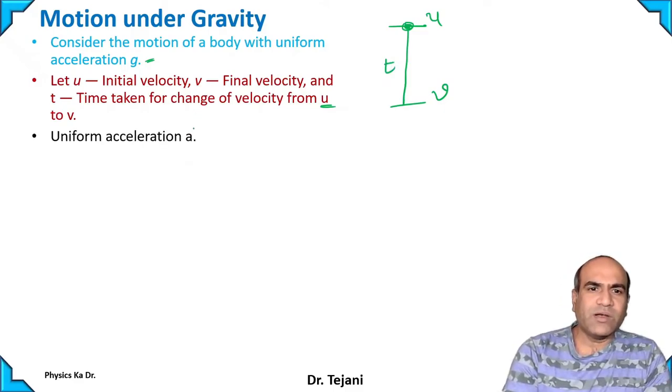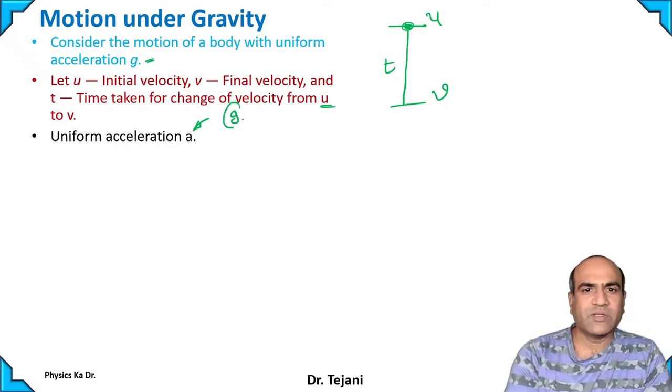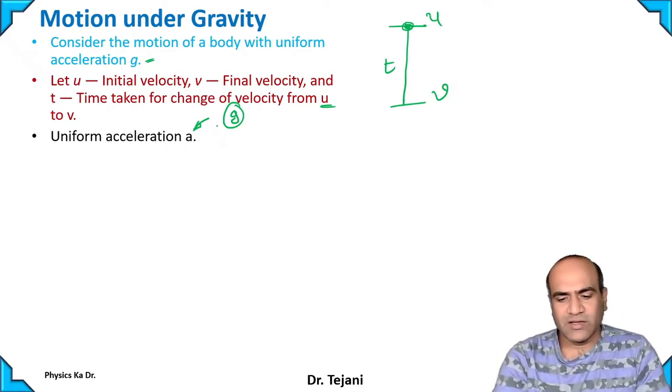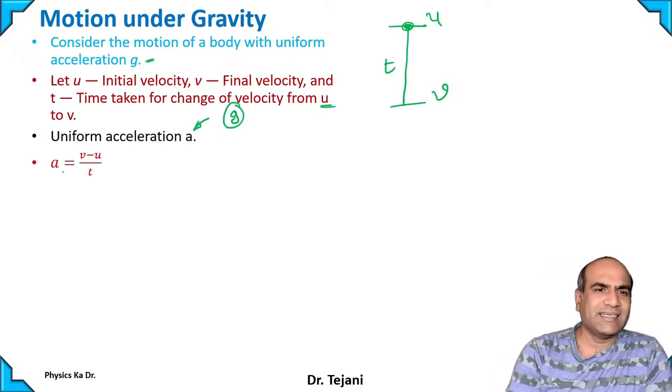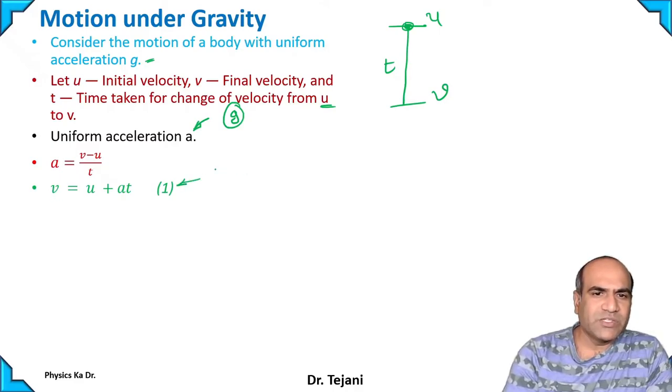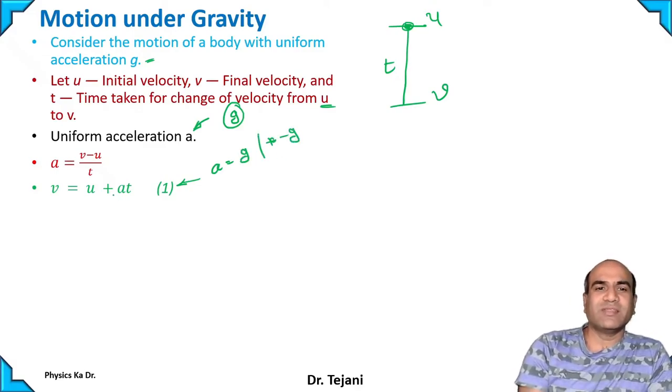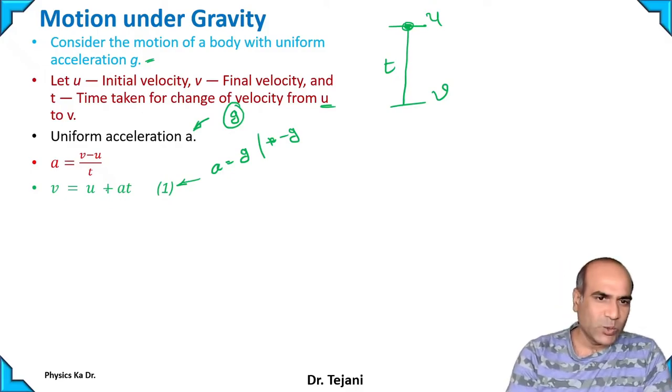Now see, we already proved the equation for uniform acceleration. You just need to put g in place of a, or you can keep this equation as it is, do not change anything, and whenever it is required you just use a is equal to g plus or g minus. Do not remember this equation again and again, it is not required.